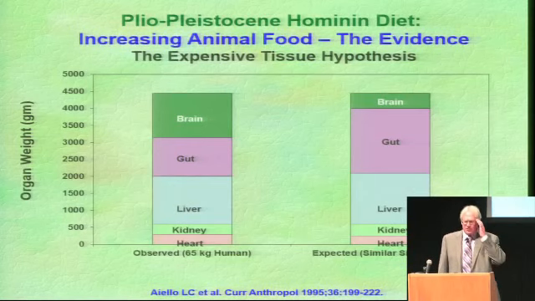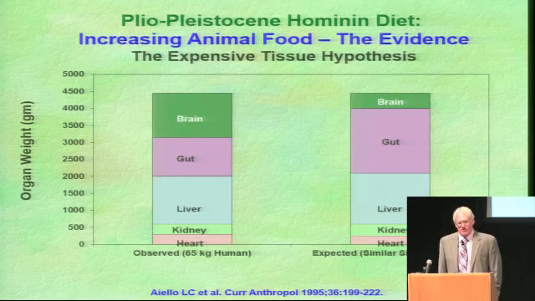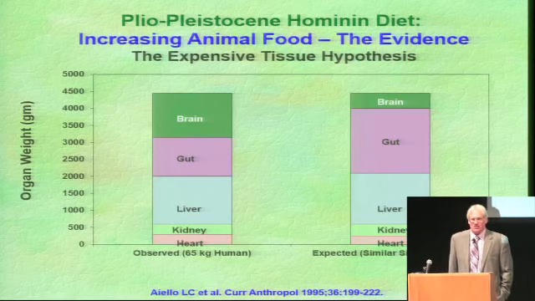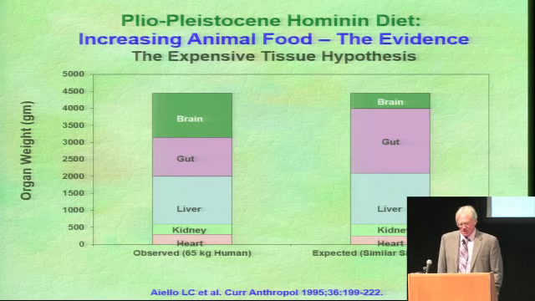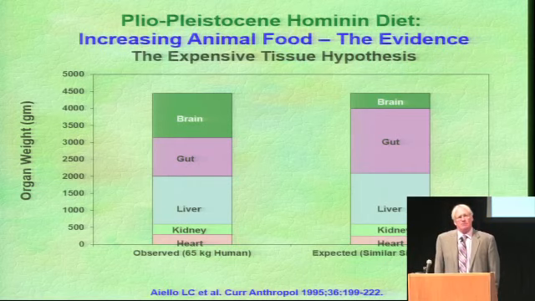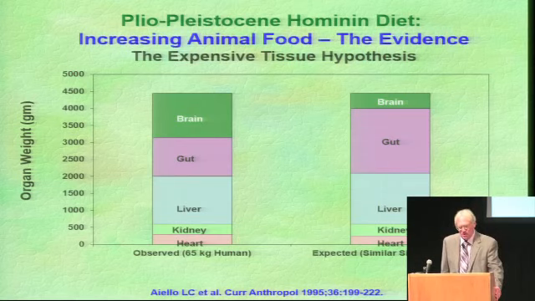Okay, there's also additional evidence to suggest that during that Paleo-Pleistocene period, our ancient ancestors were consuming more and more animal food, and this is called the expensive tissue hypothesis, put forth first by Leslie Aiello in 1995. If we look at the brain size of modern humans, we have these huge brains, yet we have a gut that is much smaller than what would be expected for an equivalent 60-kilo primate.